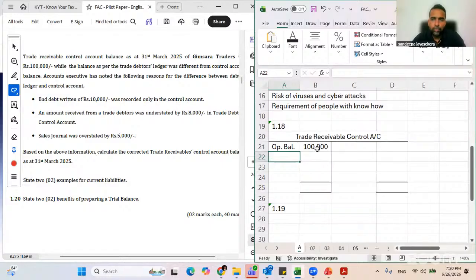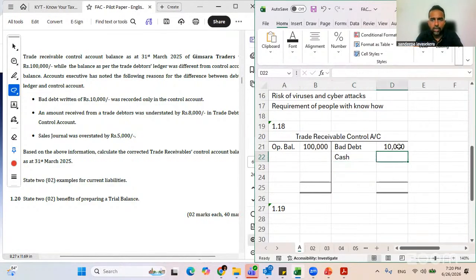Bad debt written off. As a result of the bad debt, the debtor balance comes down. An amount received from the debtor was understated. When you are receiving the amount, the debtor comes down, so you have to put a lower figure.